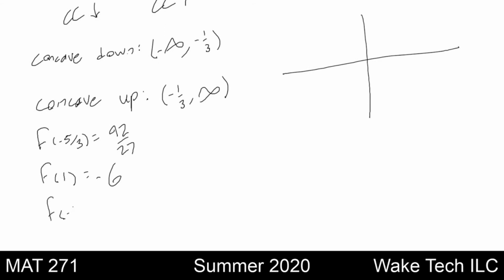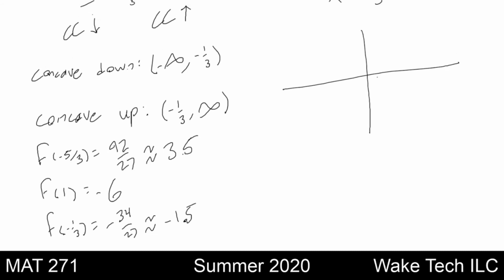And f of negative 1/3 is negative 34/27. Note that 92/27 is roughly 3.5, and negative 34/27 is roughly negative 1.5. These are just estimates for our graphing purposes.